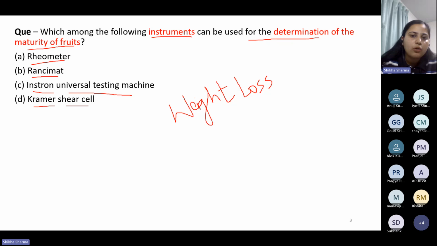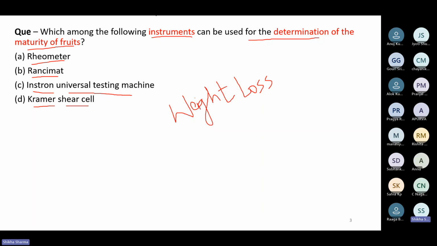So what we usually do is see what happens to a fruit during storage. Its weight will constantly decrease with time at some particular rate, because there is water loss, right? So what happens in the fruit? There are the fruit cells, or the plant cells.